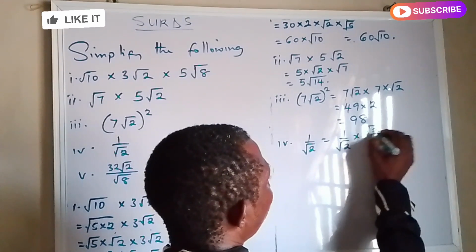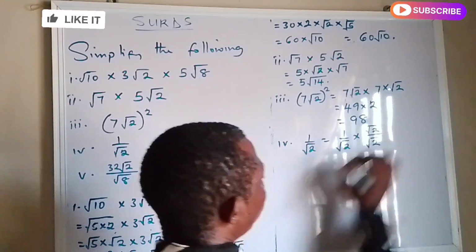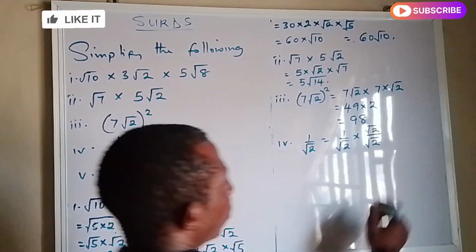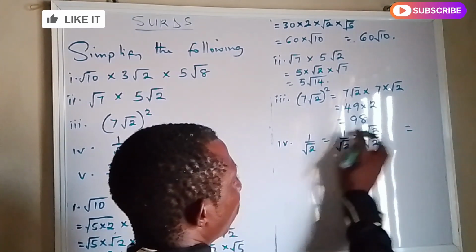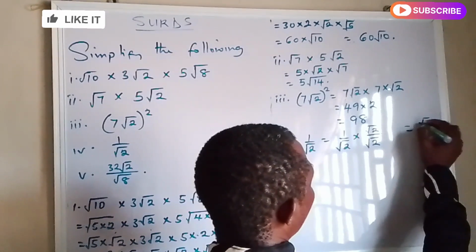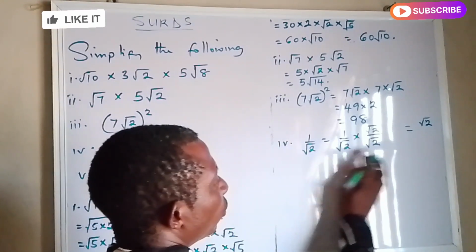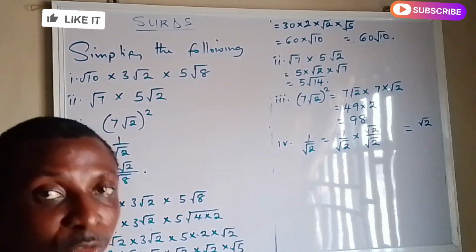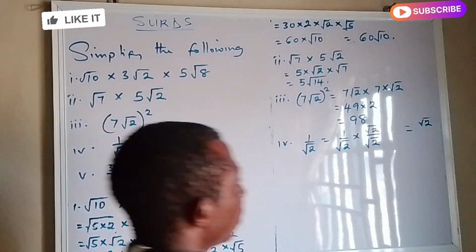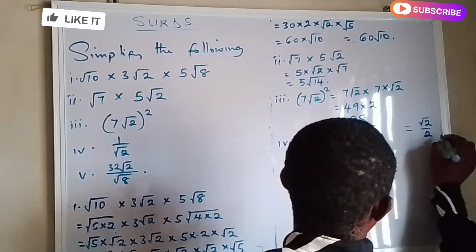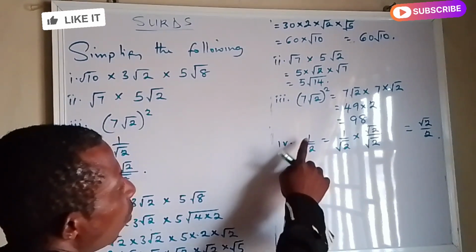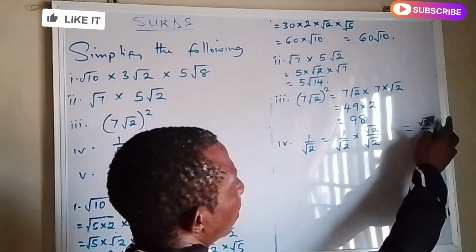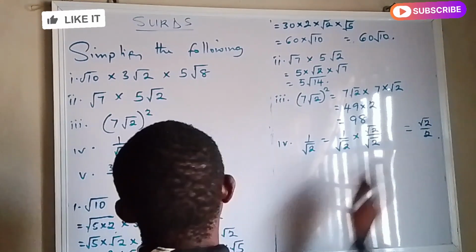That's square root of 2 over square root of 2. Okay, so that gives you, you use this to multiply this, that's square root of 2. Square root of 2 times square root of 2, that's square root of 4. Square root of 4 is what? Is 2. So there's the answer. So 1 over square root of 2 is the same thing as square root of 2 over 2.